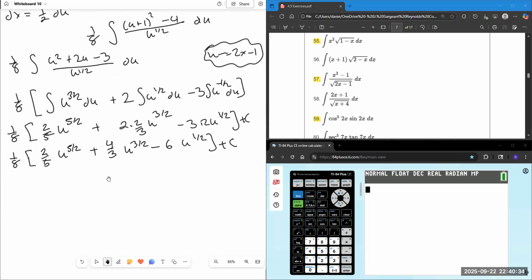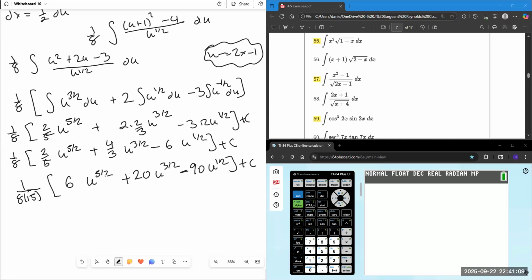So let's pull a 15 out from here. 1/8 times 15 is going to be 3 times 2 is 6 u to the 5/2 plus 20 u to the 3/2 minus 15 times 6, that's 90 u to the 1/2 plus c.